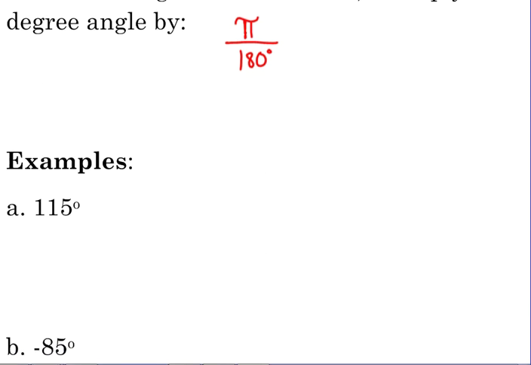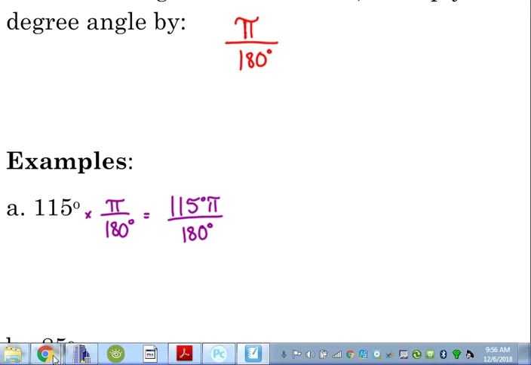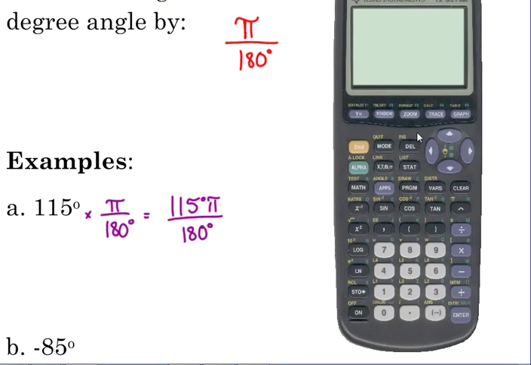Okay, so let's look at an example. 115 degrees. We want to convert that to its radian measure. So I'm going to multiply by pi over 180. So that's equal to 115 degrees times pi over 180. I want to reduce that, but again, do not type in the pi.